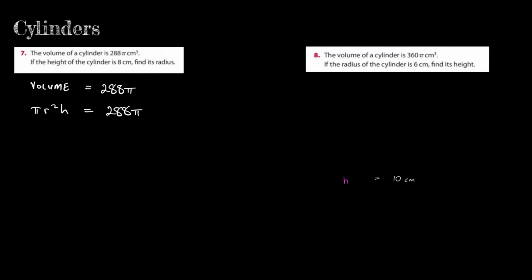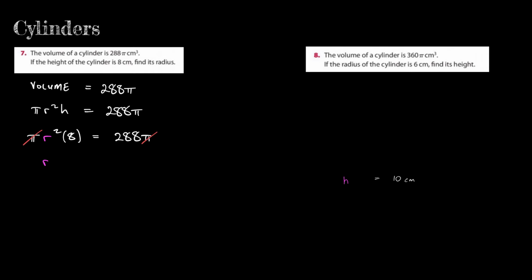Okay, I can fill in what I have, and I'll highlight what I'm looking for. Again, pi is on both sides, so I'll cancel it off. So I'll have r squared times 8.